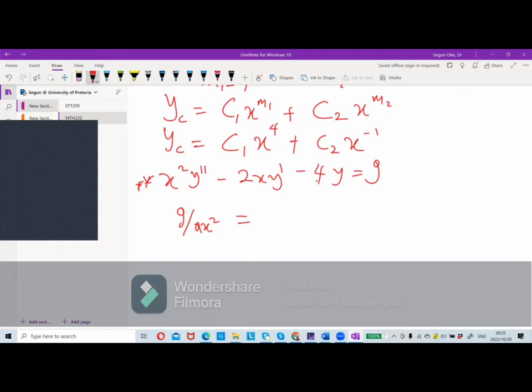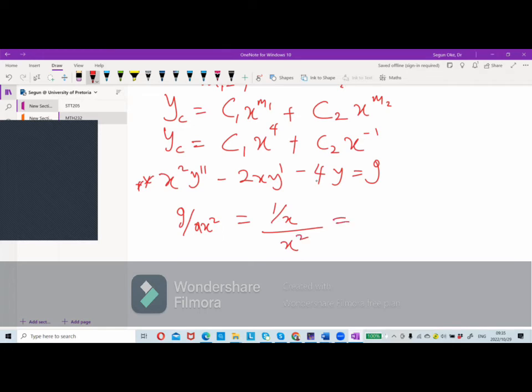Y prime, you said? No. It's more or less x squared, the same x squared. Y prime is just the differential equation. Do you understand? Yes, I get it, sir. So now we have 1 over x as your g divided by x squared.